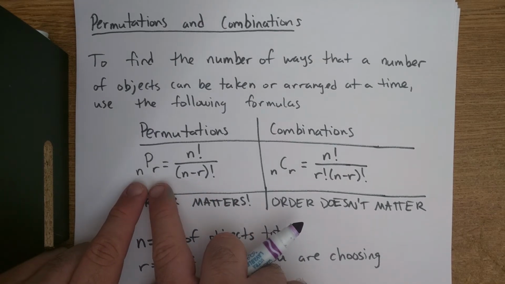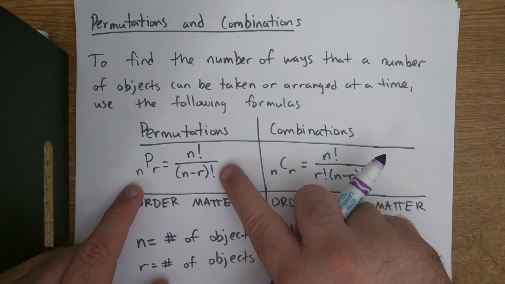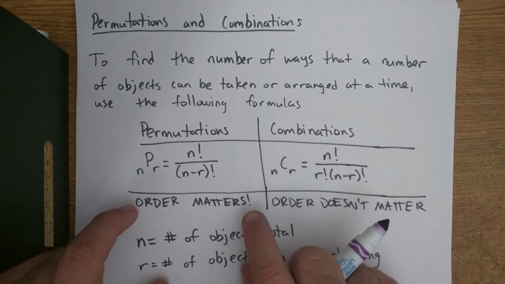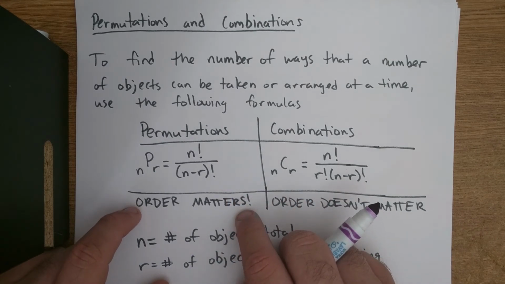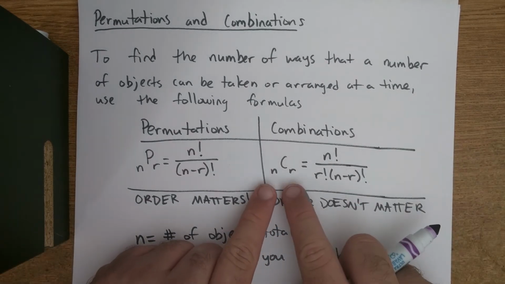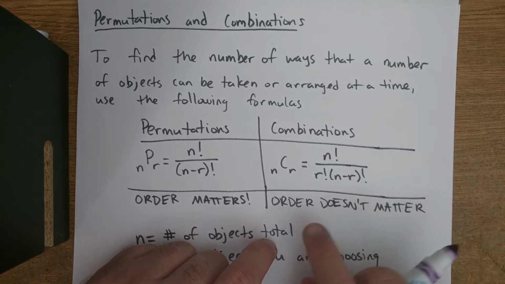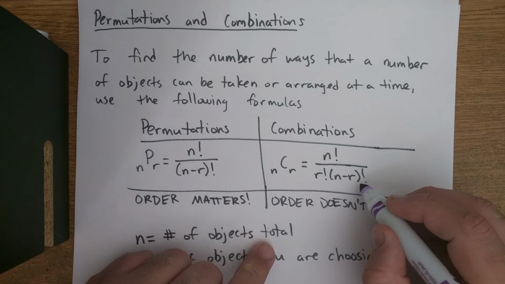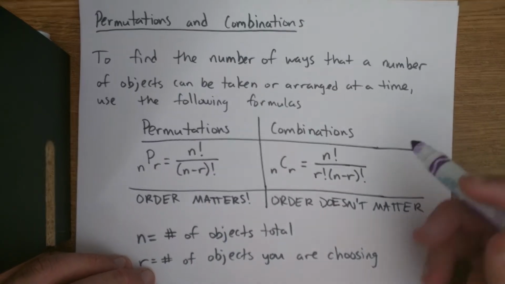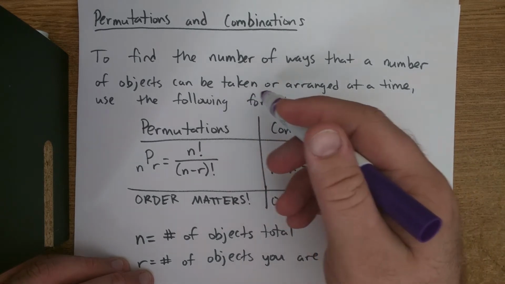This is read as nPr equals n factorial over n minus r factorial. You use permutations when the order of things you're trying to arrange matters. Combinations: this is read as nCr equals n factorial divided by r factorial times n minus r factorial. You use combinations when your order doesn't matter.